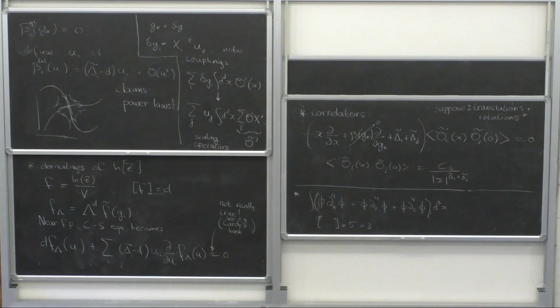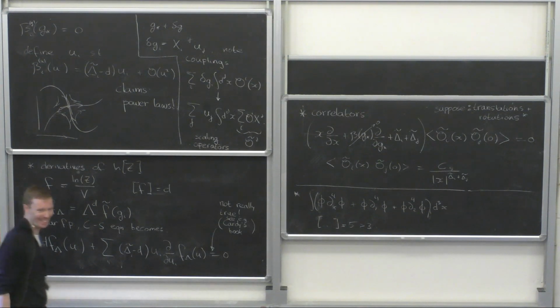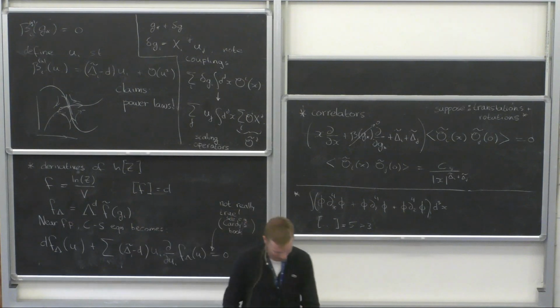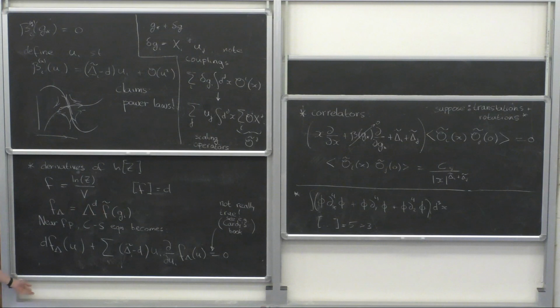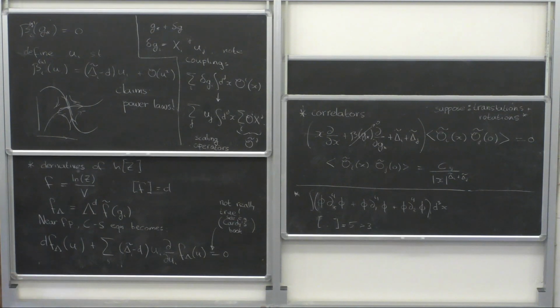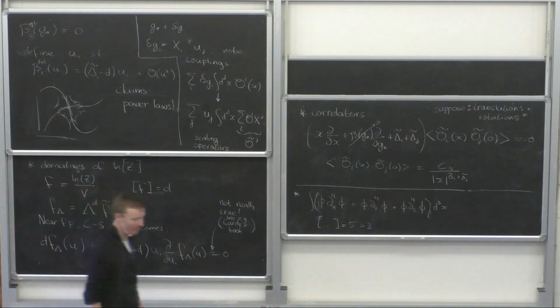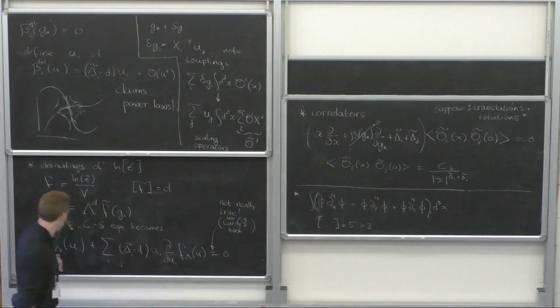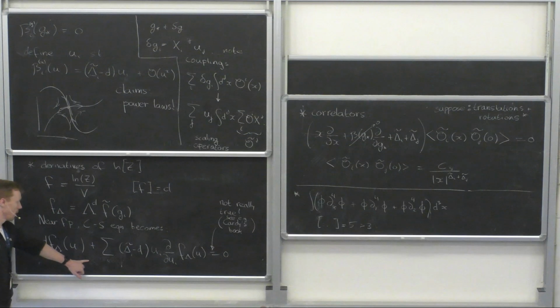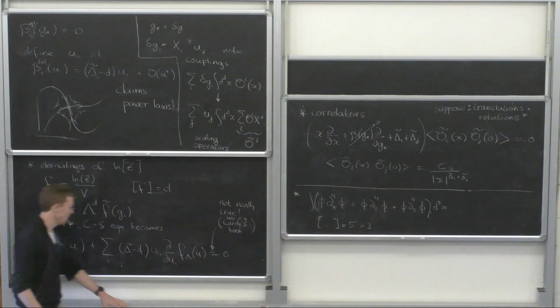And I think Denis also has some excellent lecture notes where you can find these kinds of details on his website. It's again for and by amateurs, but I'm not sure if I agree with the amateur classification there. Anyway, so this is the Callan-Symanzik equation up to this inhomogeneous piece.